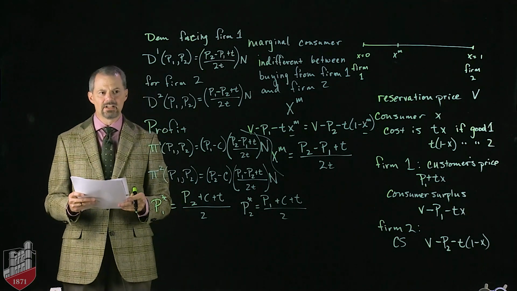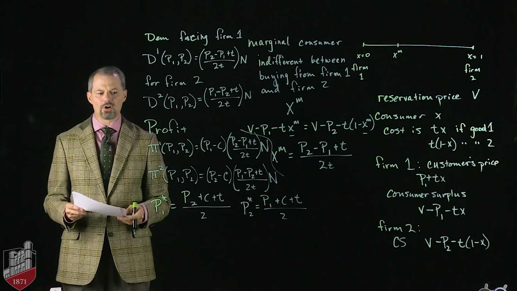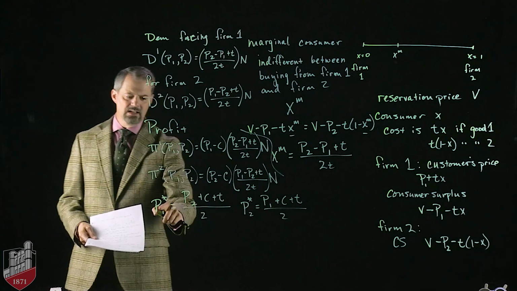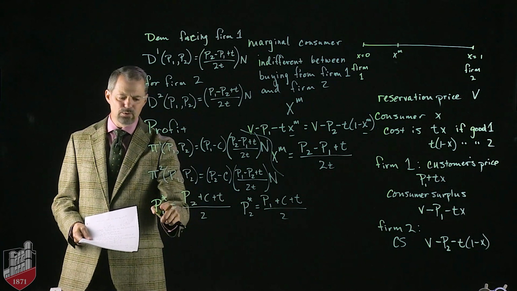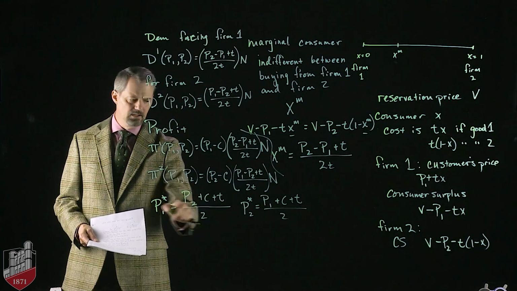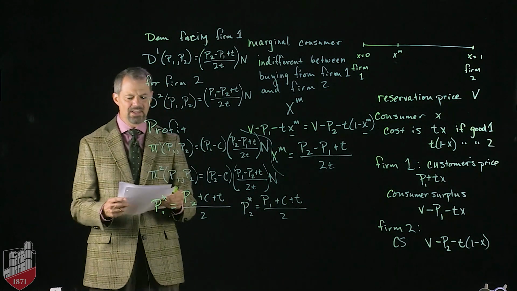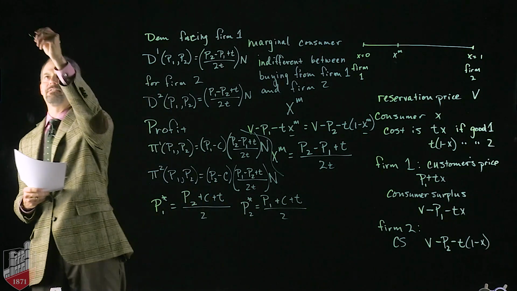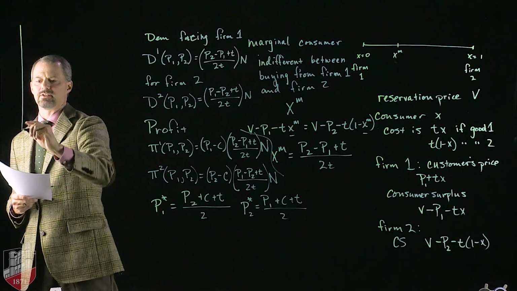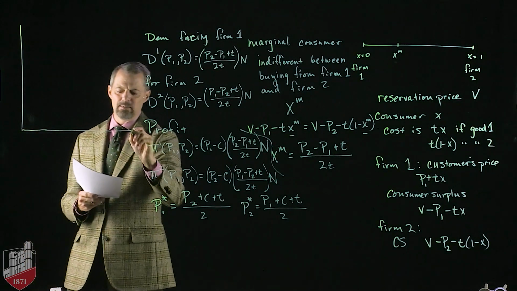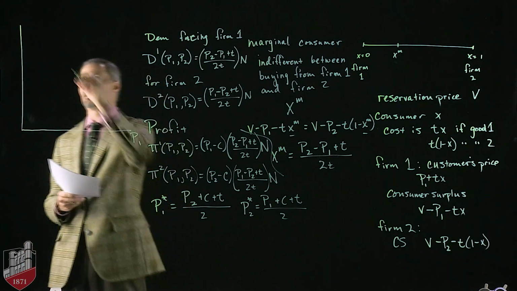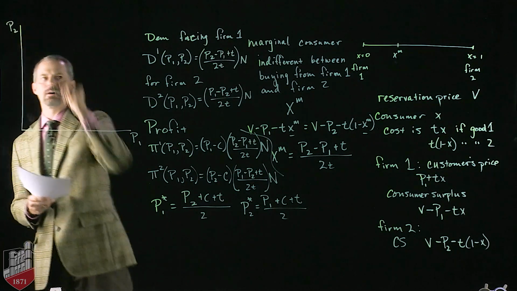Now, here's the interesting thing about this. These functions are upward sloping. Notice that there's a positive relationship between P1 and P2 here, and obviously a positive relationship between P1 and P2 in that one. If we graph these response functions, we're going to graph them in this space where we've got P1 down here and P2 up here.